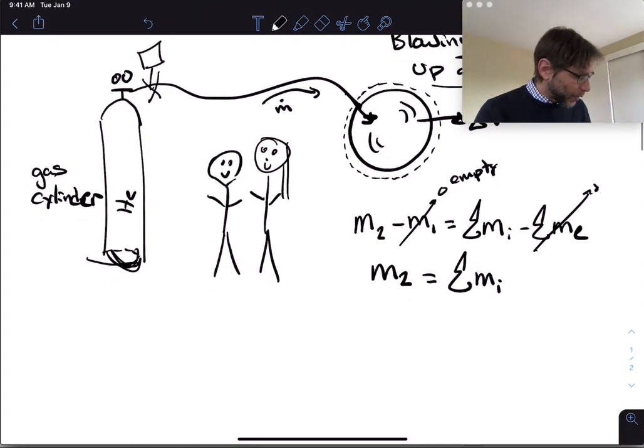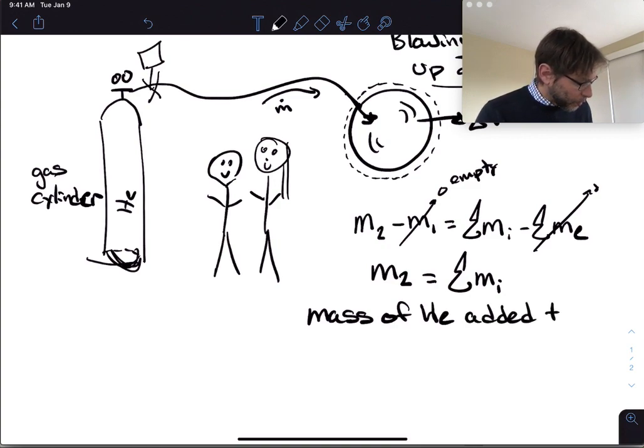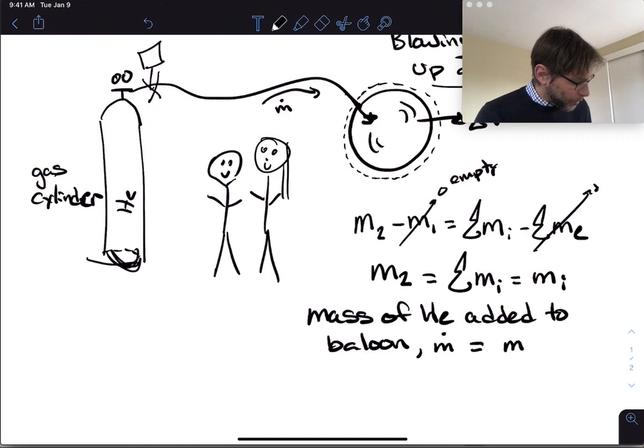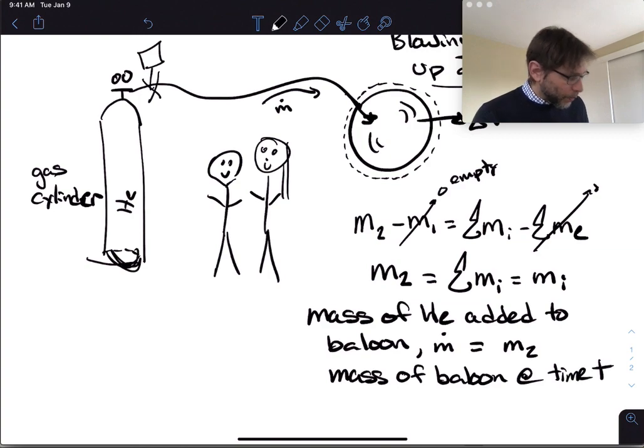All right, now this is pretty obvious, right? So this means that the mass of helium added to the balloon, or m_i, is equal to the mass of helium at state 2, the mass of helium in the balloon at time t, minus the mass of the helium initially in the balloon, of course.